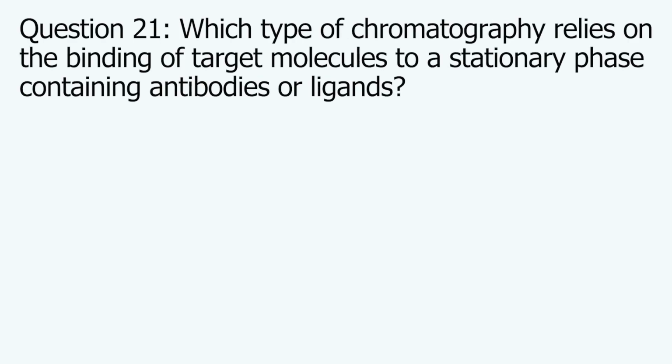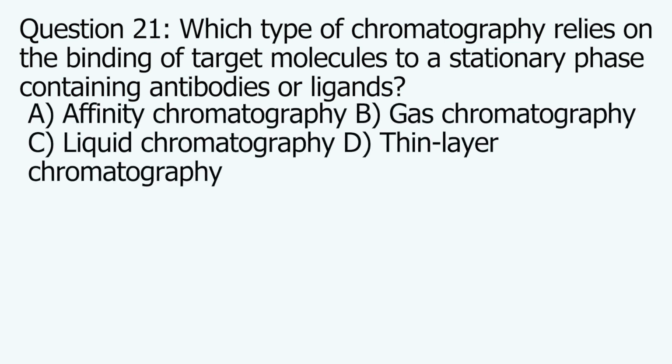Question 21. Which type of chromatography relies on the binding of target molecules to a stationary phase containing antibodies or ligands? A. Affinity chromatography. B. Gas chromatography. C. Liquid chromatography. D. Thin layer chromatography.